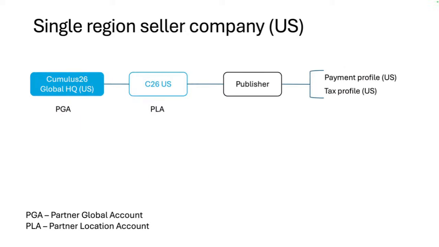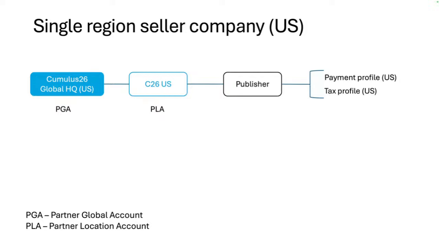All right. Now, I will tell you that this is kind of the most frequent thing we see for most partners in Marketplace, and it goes a little bit against what I just advised. I advised having separate PLAs from the default one that's created for us.